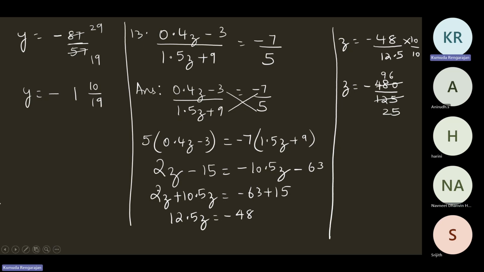It's an improper fraction. You cannot simplify this any further. 96 by 25 cannot be simplified further. So write it as a mixed fraction. Ma'am, minus 3 21 by 25.